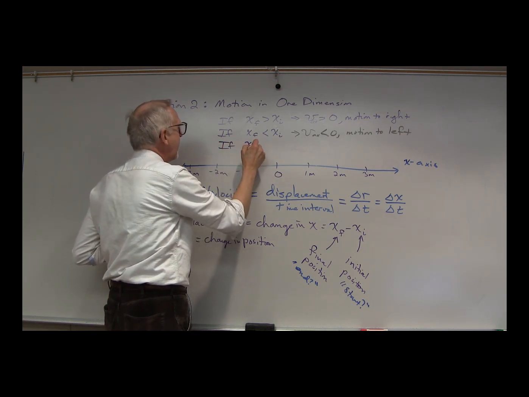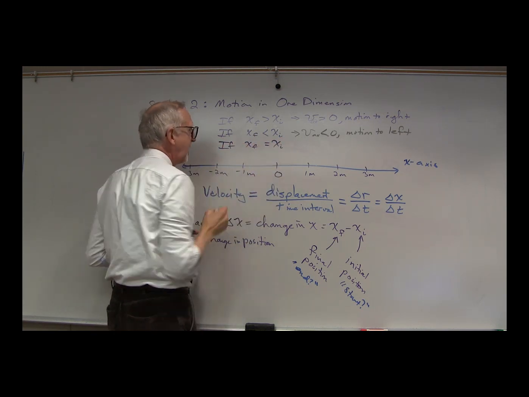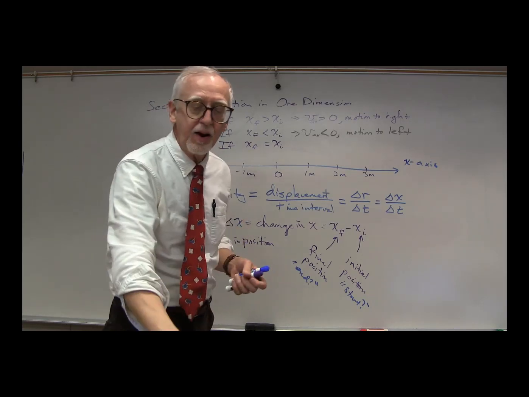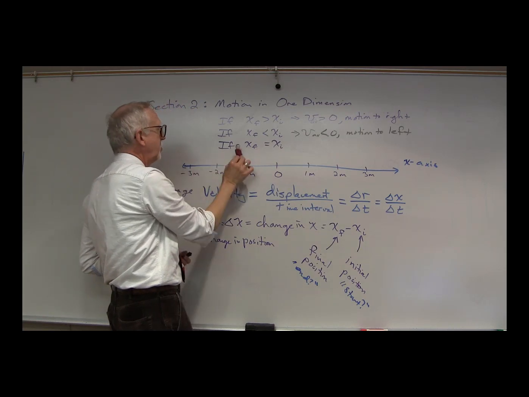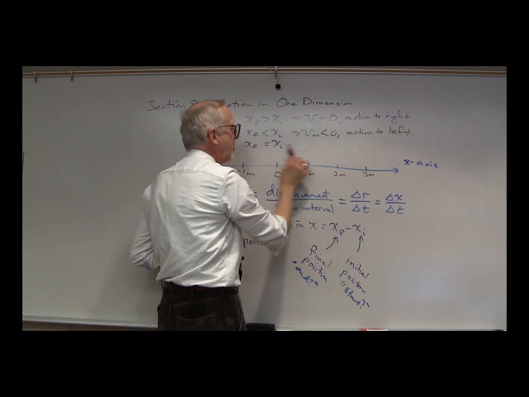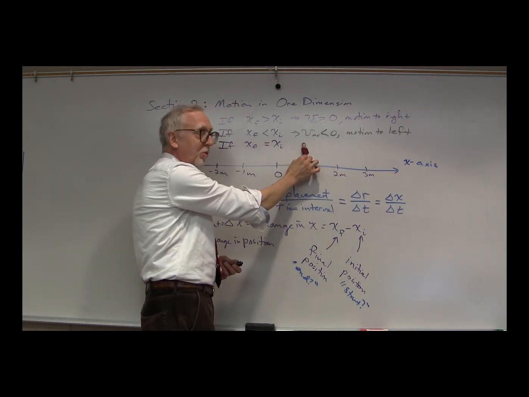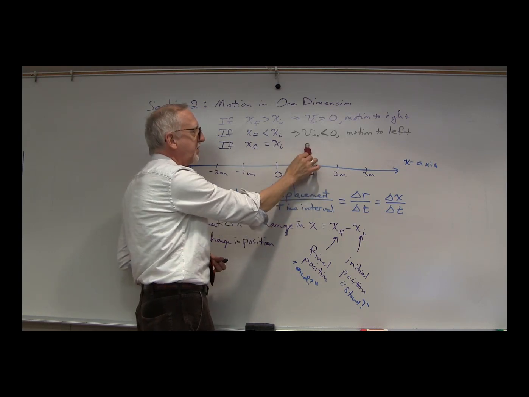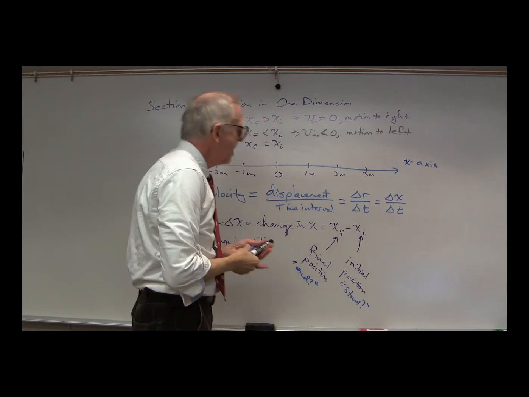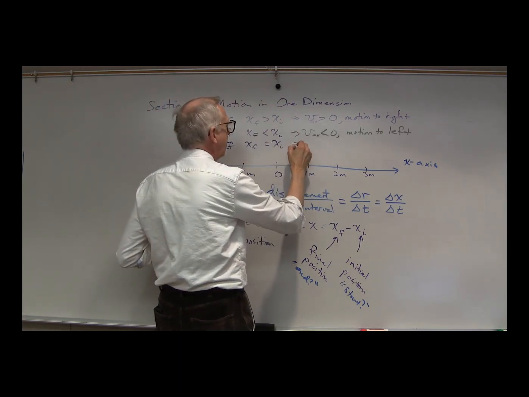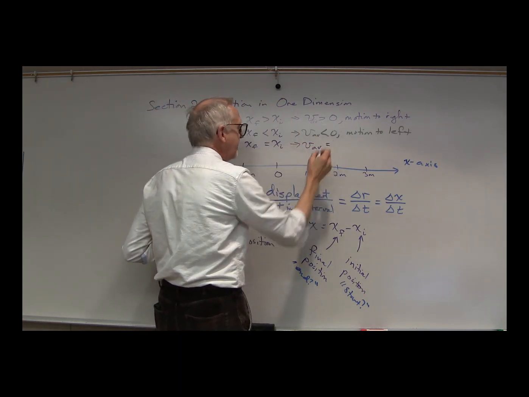If xf equals xi. So in other words, wherever we start out, we might move around however we want to move around. But if we end up, after our total time interval, back where we started, so that xf equals xi, then the average velocity is what?